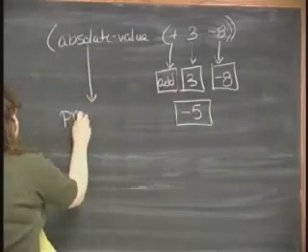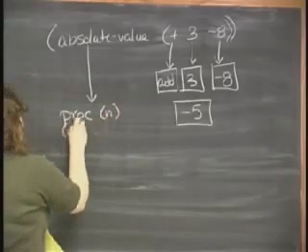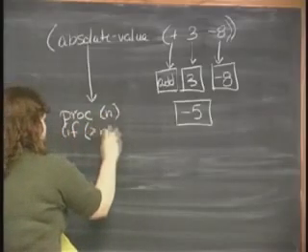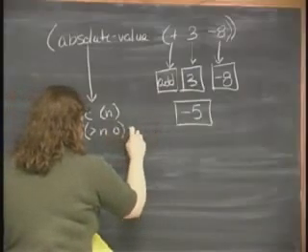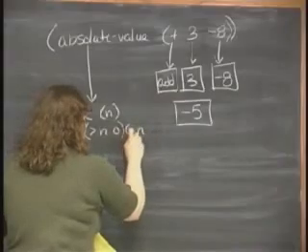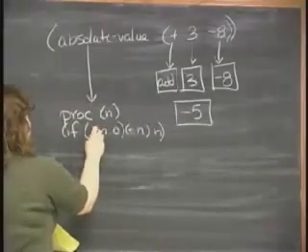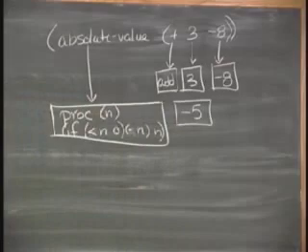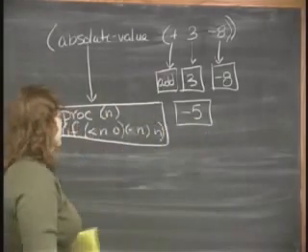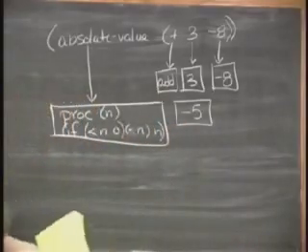Well, this is a procedure of one argument whose body is if n less than 0, then minus n. Space. Sorry, yeah, less than. So now we found the values of our two sub-expressions. To apply our procedure to the rest, this is where the word substitution comes in.